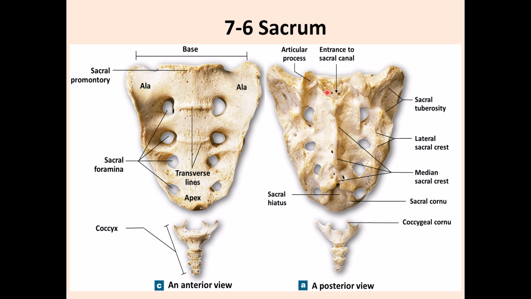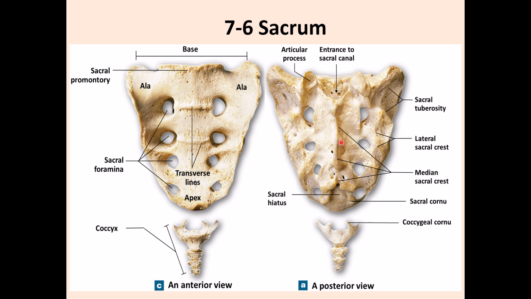It's actually part of the spinal nerves, but right now just know that these fibers are coming out or may enter the spinal cord, depending on the type of function that they have, and this area is called the sacral hiatus.